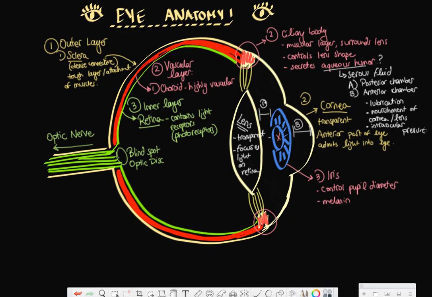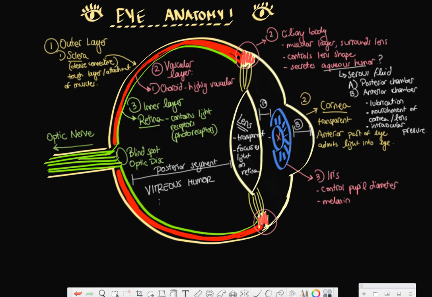We also have a different type of humor that is located posterior to the eye. Right here in the posterior segment, the anterior segment was anterior to the lens, made up of the posterior and anterior chambers. But next up, in the posterior segment of the eye, we have yet another type of humor, and this is what we call the vitreous humor.